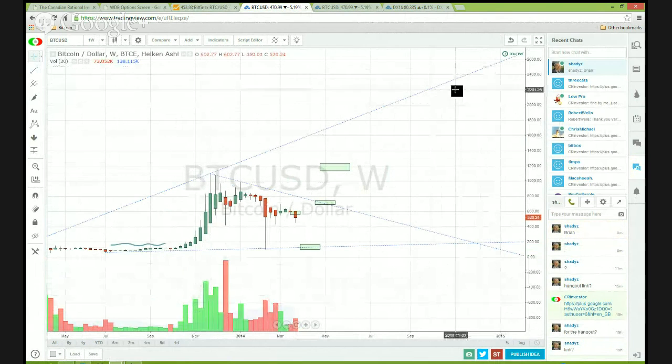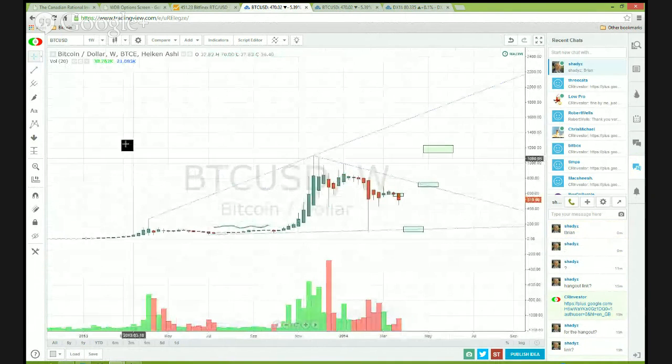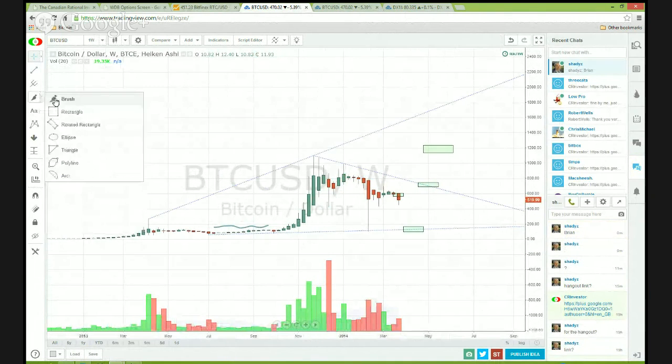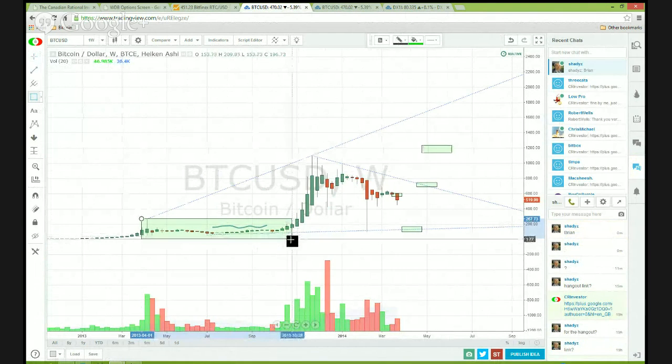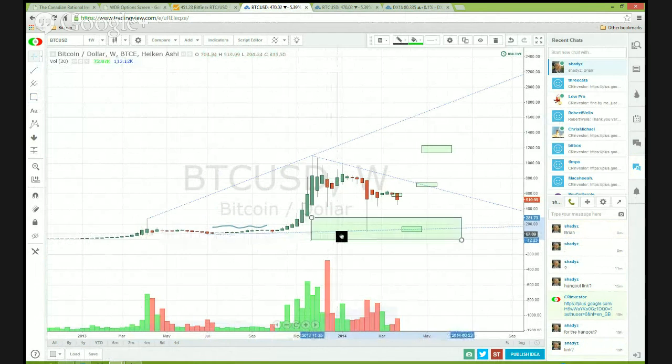But I would argue that your next cycle peak, and then you could start drawing durations. How long did this consolidation take to occur? A lot of cycle guys like to look at this. So that's the last cycle peak.